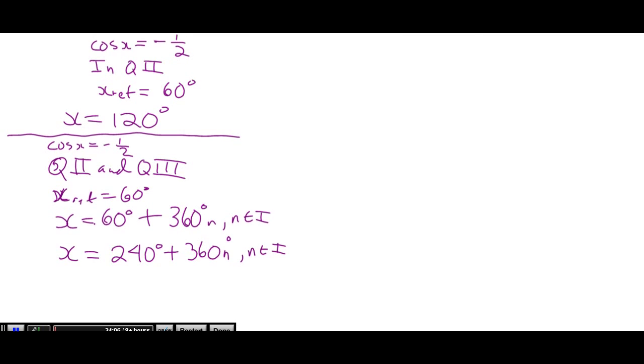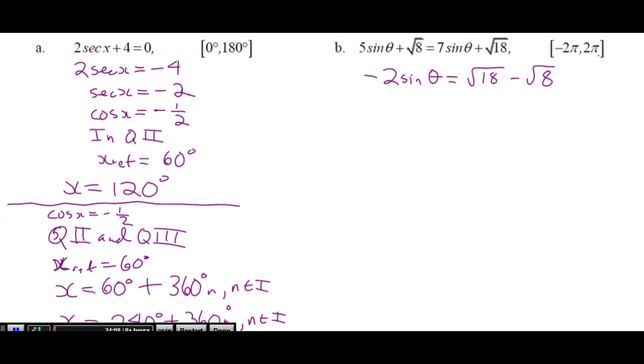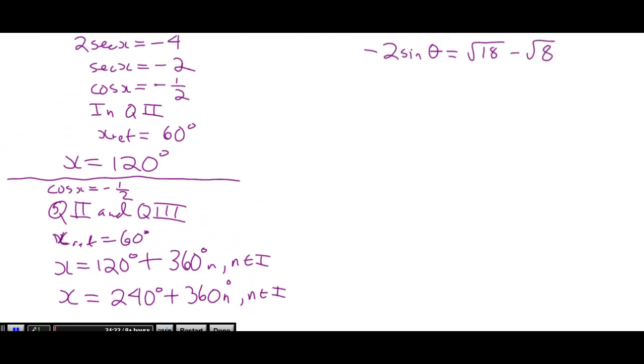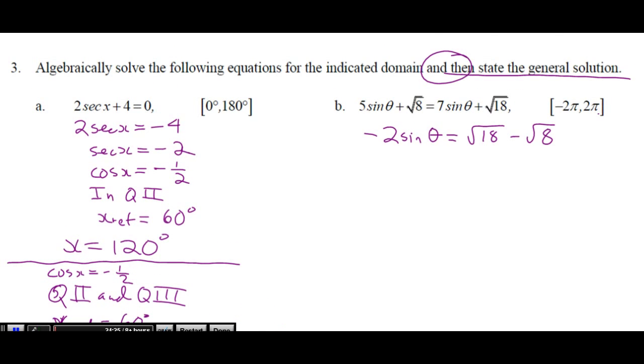Shouldn't it be 120? 120. You're right. It should be 120. Reference angle is 60. Thank you. It's good pointing it out. We could fix that before we went on.